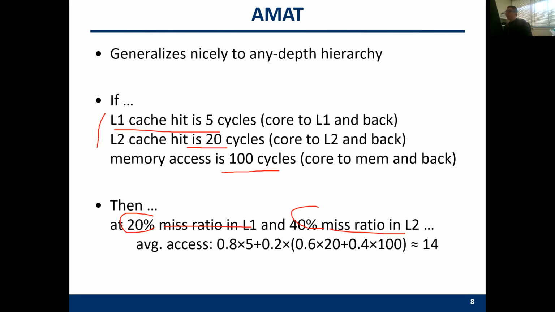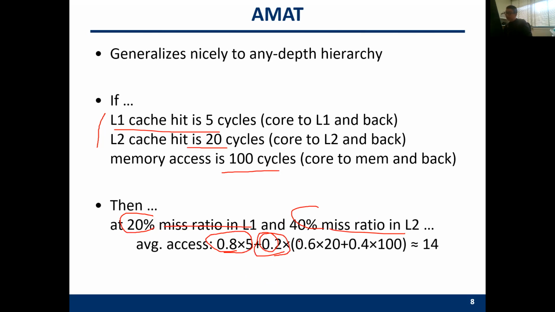If the L1 has a 20% miss ratio, 80% will hit in the L1. So 80% will hit in the L1. And for the other 20%, this is the miss ratio, 20% misses here.